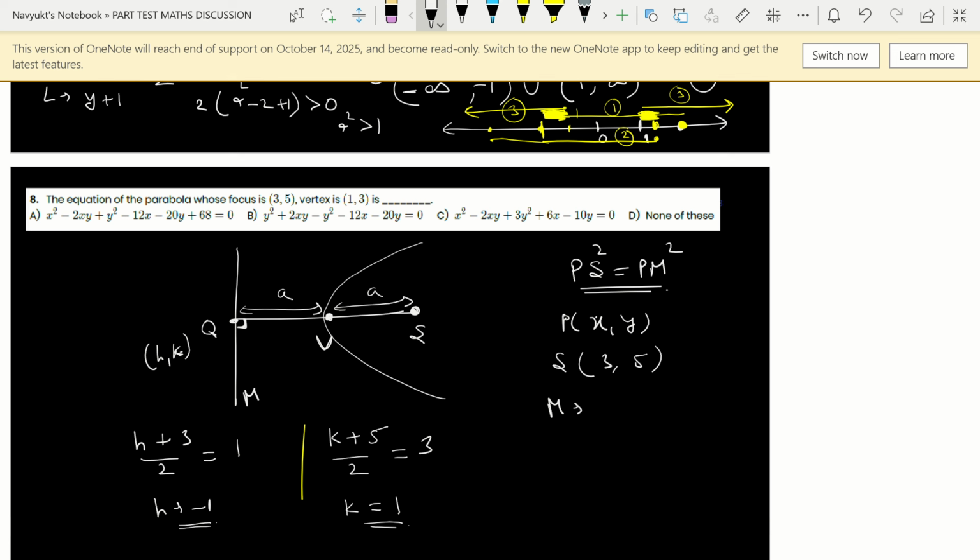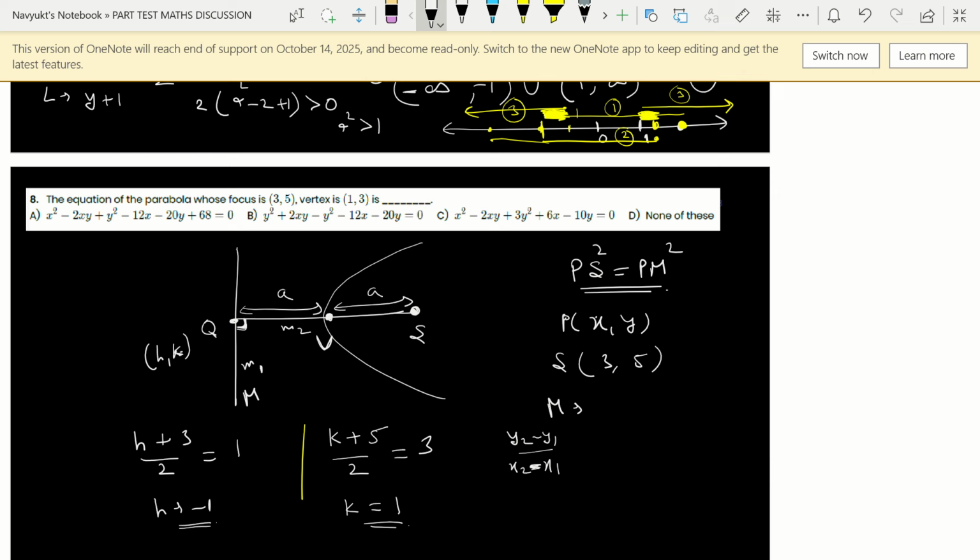Now the directrix line passes through this Q point, as we can see here, and it should have a slope m1 perpendicular to the slope m2 of this line. So we will find the m2 slope first of all. What will be that m2 slope? Simple, (y2 minus y1) upon (x2 minus x1) formula.